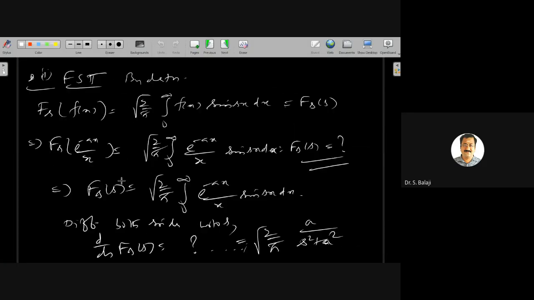For your answer for the Fourier sine transform, use the definition of integral of sin sx dx, with e power minus ax by x. Your d by ds of Fs of s will be root of 2 pi by a by s square plus a square.